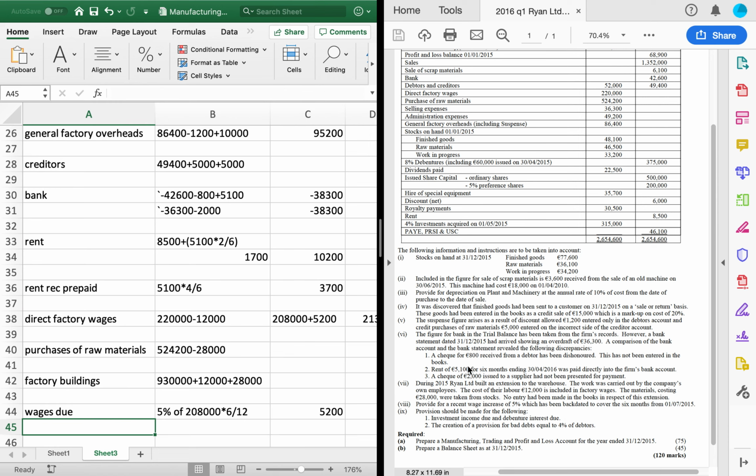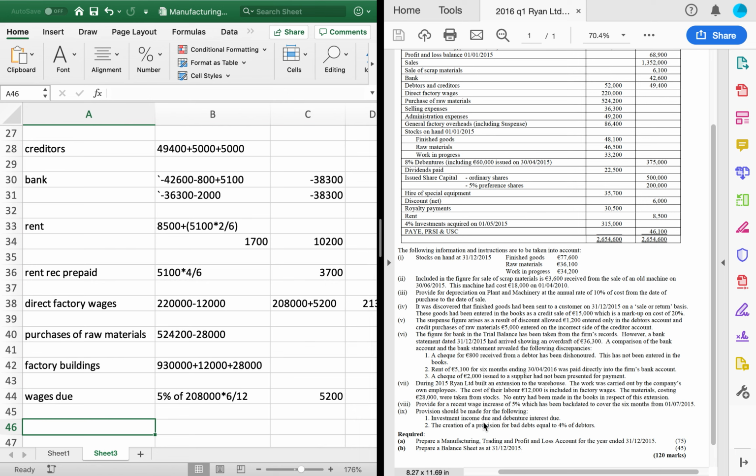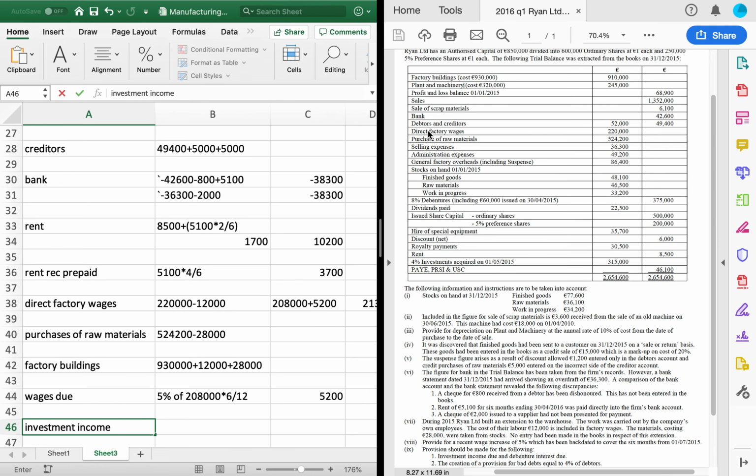Provision should be made for the following: investment income due and debenture interest due. So we need to work out our investment income. So we've got 4% investments. So it's 4% of 315. Now you got them on the 1st to the 5th, so you don't have them for a full year.